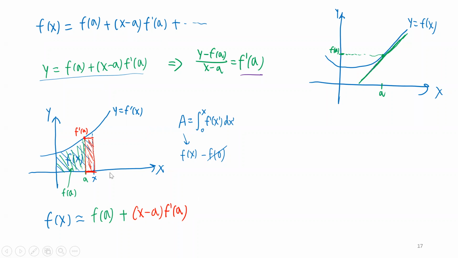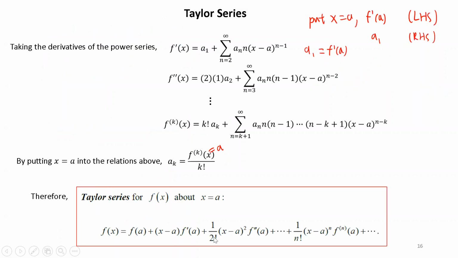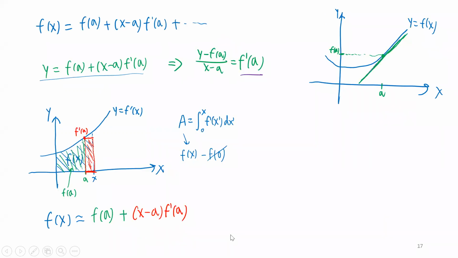So in fact, using this series, we can also interpret geometrically how the second order term in x works. Basically, what we are going to do is to also consider this small area over here.